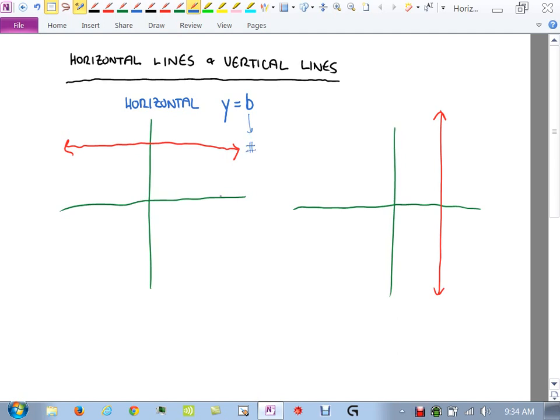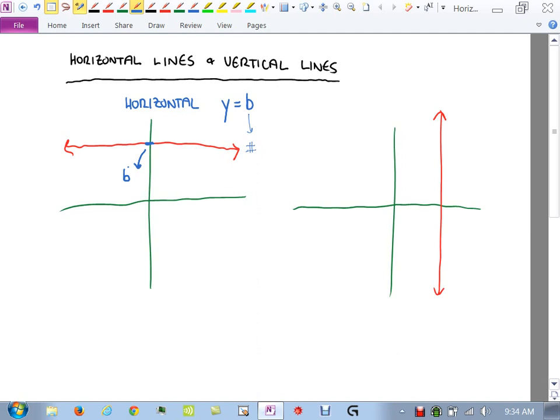Notice what does not appear in that equation. What's not in that equation? X, right? X is not there. So if you have y is equal to a number, that means that you have a horizontal line, right? And that horizontal line passes through, see the y-axis here? It passes through at a height up and down of b. So whatever that number is, that's where your line crosses through the y-axis. I'll give you a specific example in a second.